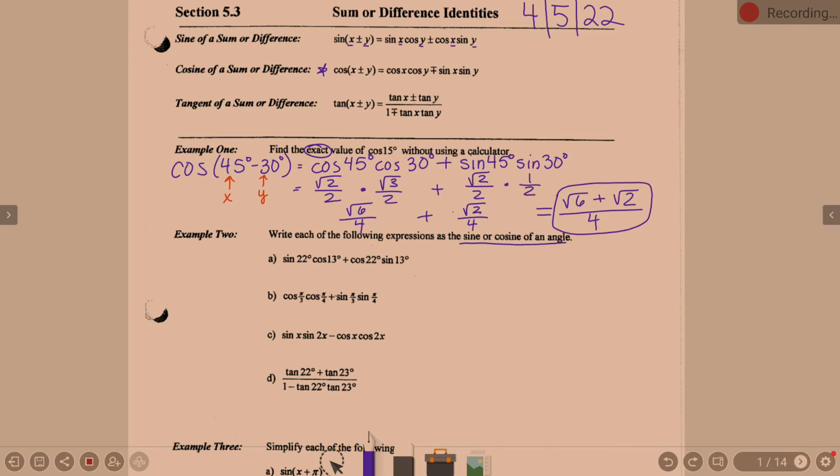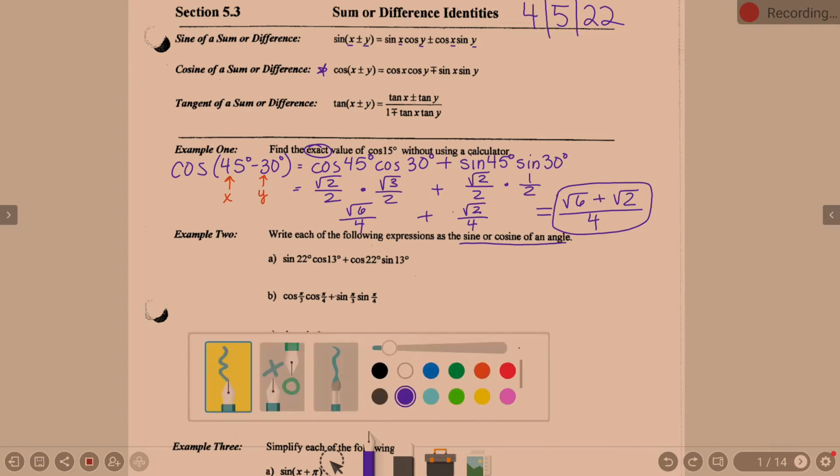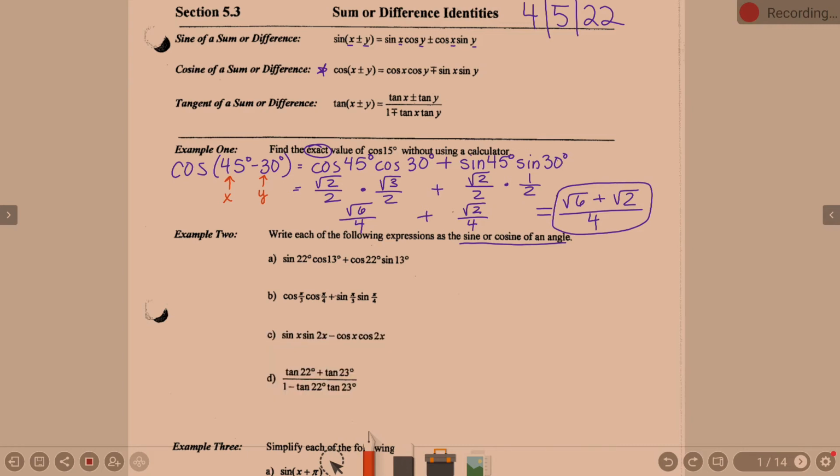If it's sine cosine plus cosine sine, does that match up with the sine of a sum or difference? Right? With the idea that if this is sine 22 degrees, cosine 13 degrees, 22 degrees is in the x position, and 13 is in the y position. Again, does it keep matching up?